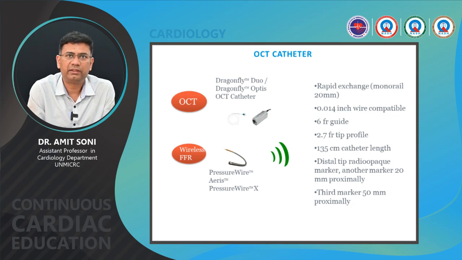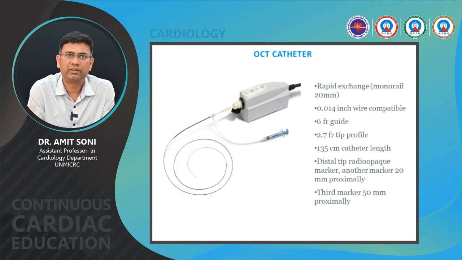The distal tip has a radiopaque marker. Another marker is 20 millimeters proximally, and a third marker is 50 millimeters proximally.